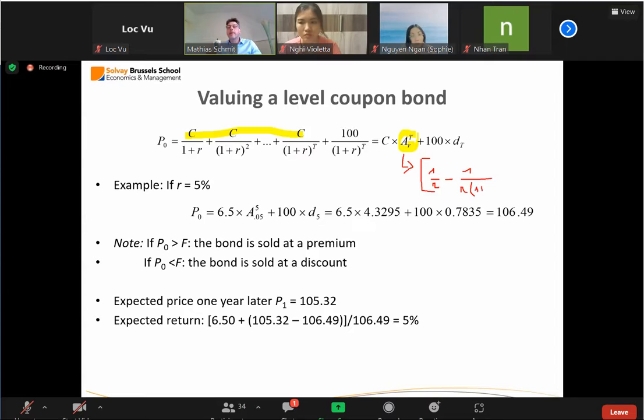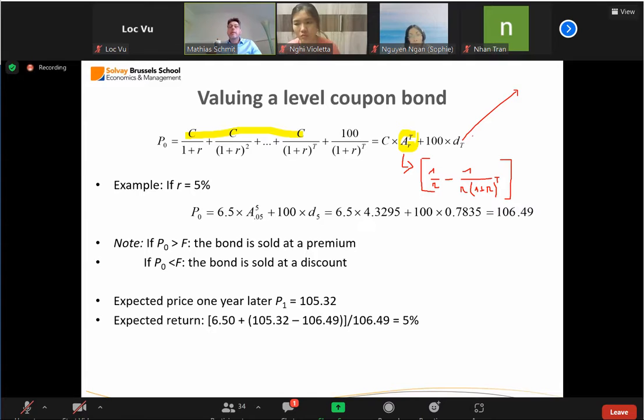We already discussed the interpretation of the annuity factor when we discussed the annual equivalent cost. And this is the discount factor.